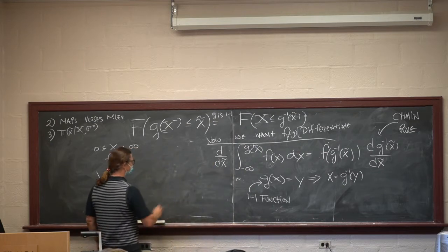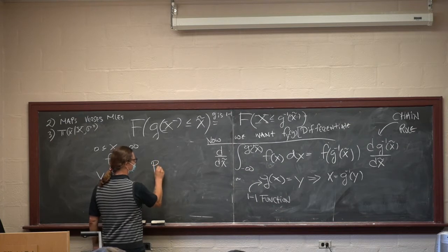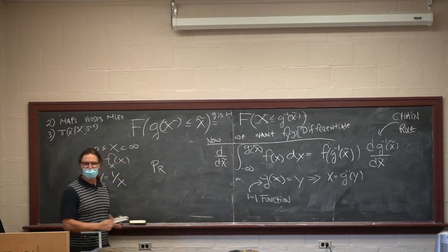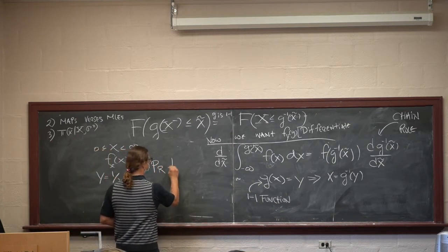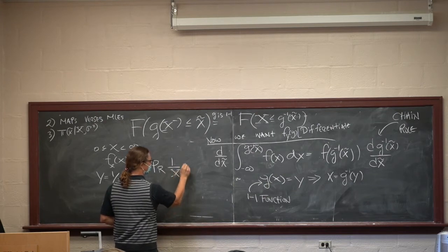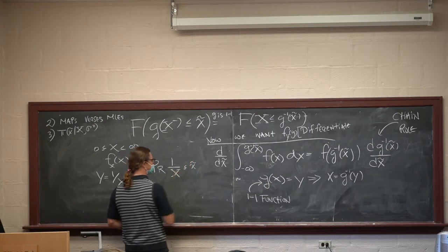So I could just look at the probability. We'll go with the capital notation this time. 1 over cap X is less than or equal to some argument.